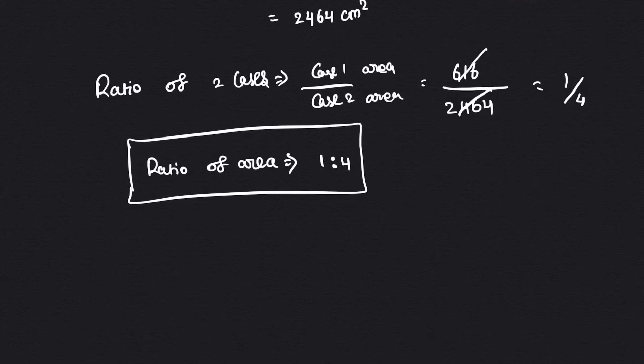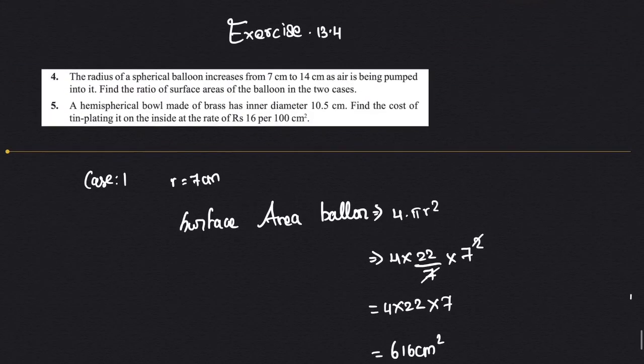Let's move to question number 5. A hemispherical bowl made up of brass has inner diameter 10.5 centimeter. Find the cost of tin plating it on the inside at the rate of Rs 16 per 100 centimeter square.